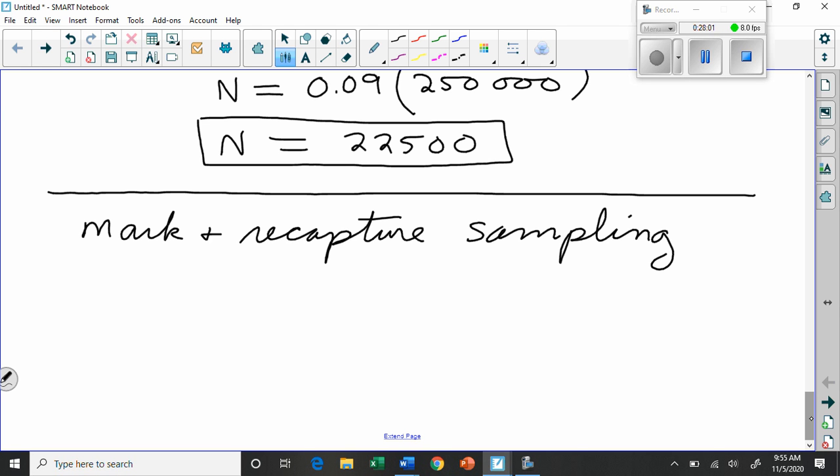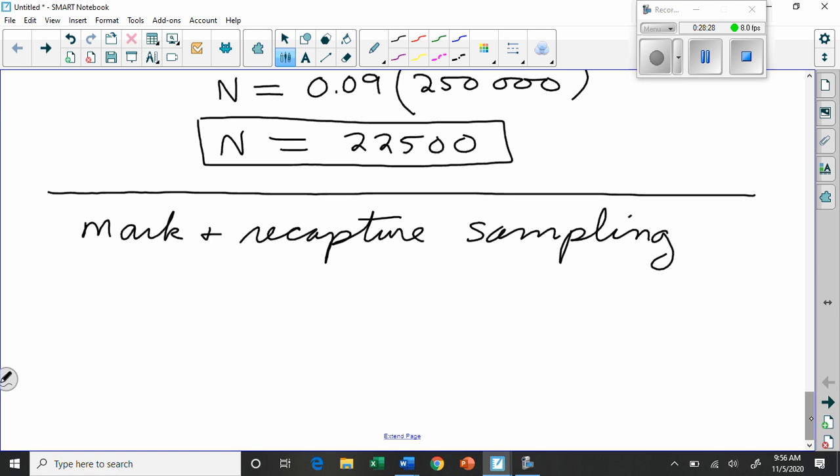Then you release them back into the wild, and you wait a little while so that they'll mix and mingle throughout the whole area. Then you go back and you capture a bunch more. This time, though, you're probably going to capture some with a mark and some without, right? But the proportion of those marked to the ones that aren't in your second capture can give you a snapshot of the bigger picture. So that's kind of the idea.